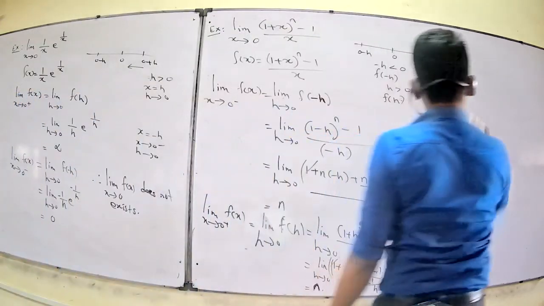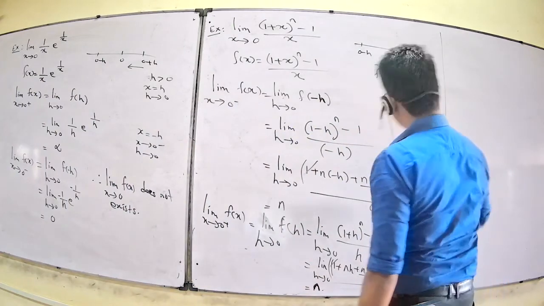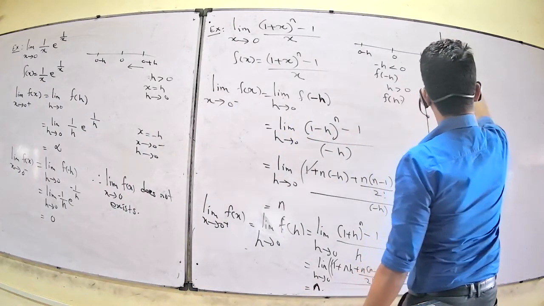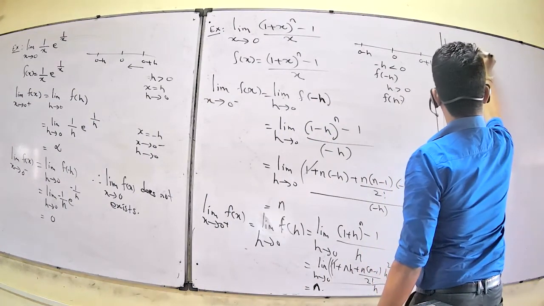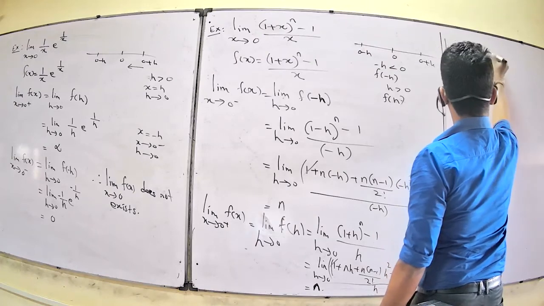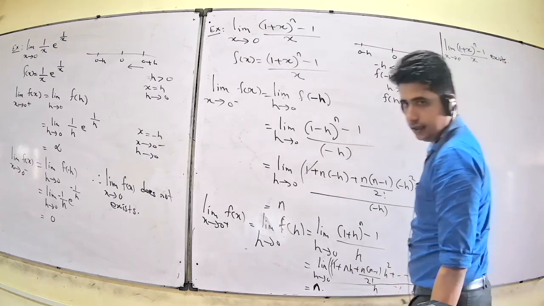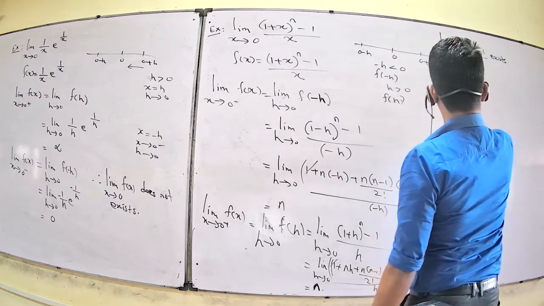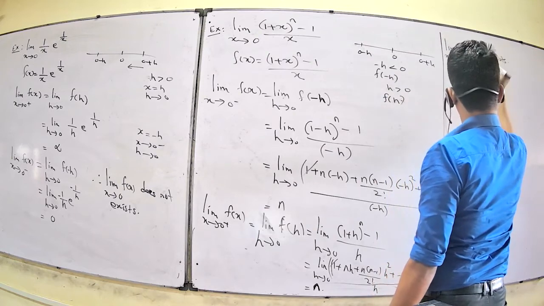Therefore the limit of 1 plus x to the power n minus 1 over x as x tends to 0 exists.